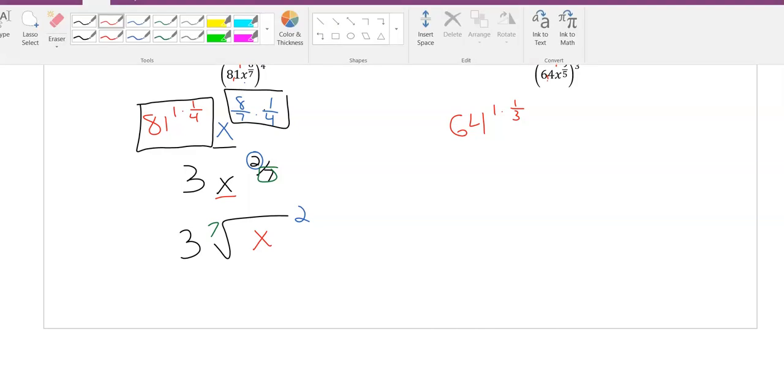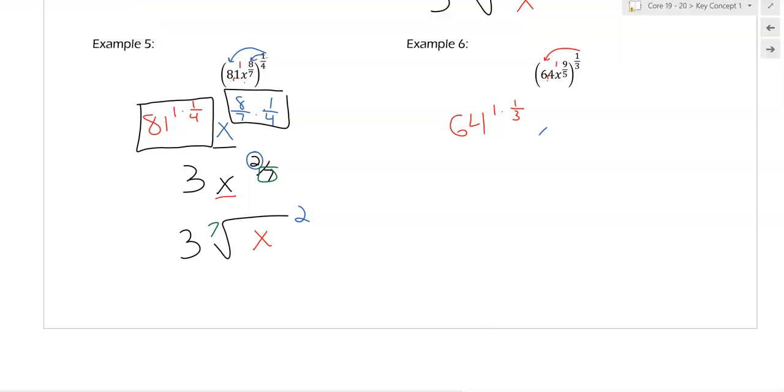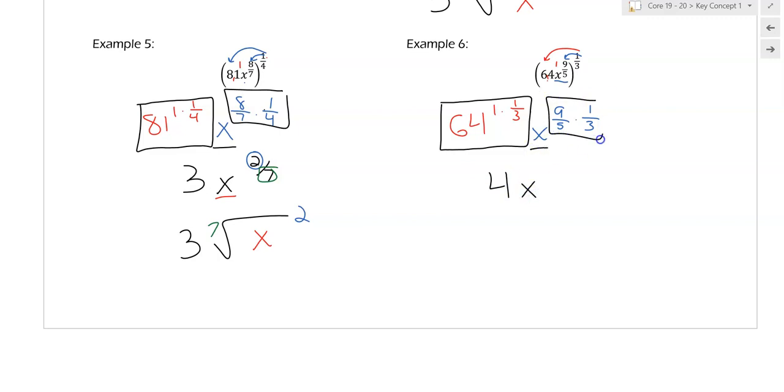And then x has 9/5, and it also gets an exponent of 1/3. Then I'm going to take 64 to the 1 times 1/3 in my calculator. We get 4. And then the x. And then I type this in my calculator. And we get 3/5, I believe.